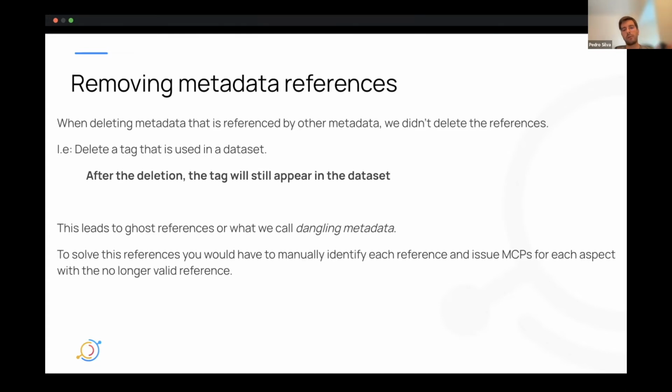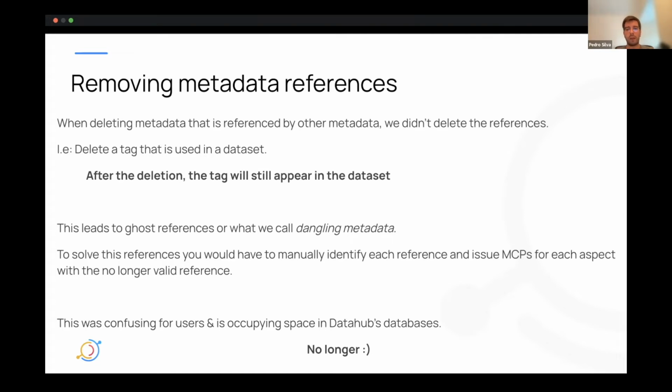The way we had to fix this issue up until now was to manually identify where all these references were and then issue MCPs to unset that property which was no longer valid. However, this was confusing for users, not the expected behavior in some cases, and also occupied space in DataHub's databases and in our graph indices. So this was taking a lot of space, but that's no longer the case.